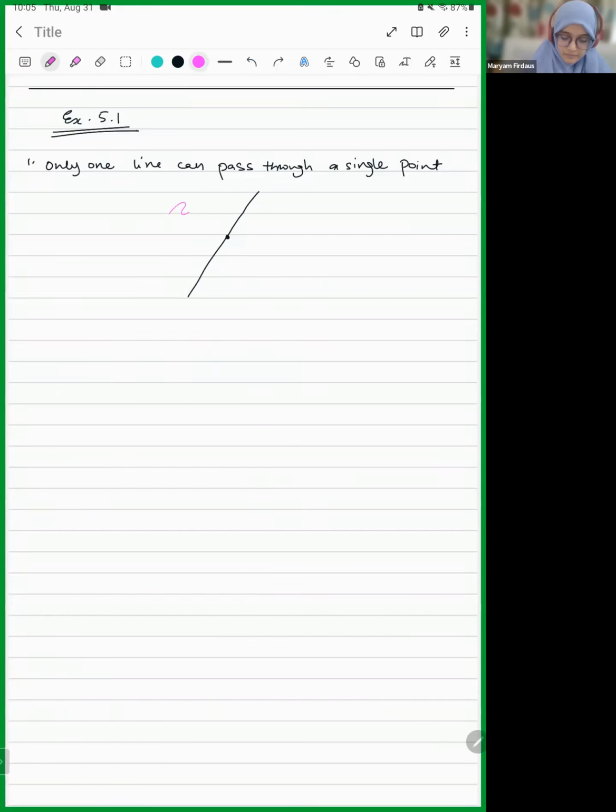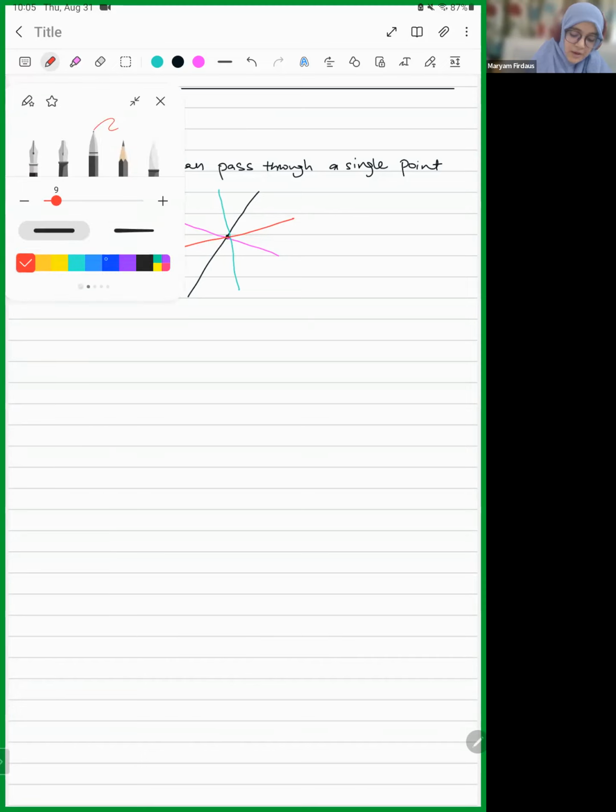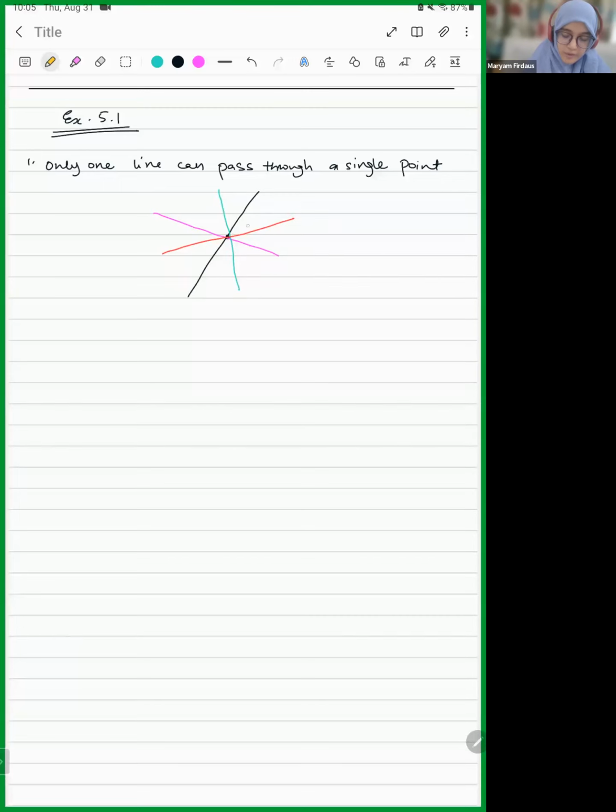Okay, so there's a single point. How many lines do you think can pass through this? I thought differently. I thought one straight line through counts as one, both lines count as one. Acha, now tell me, how many lines do you think can pass through a single point, Abdur Rahman? Seven.